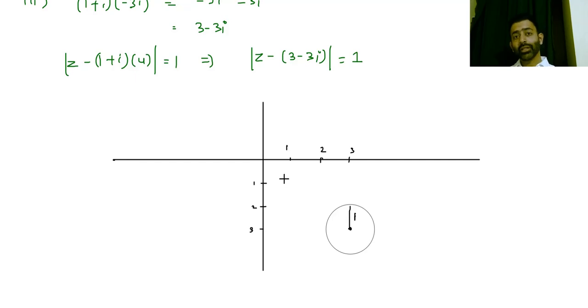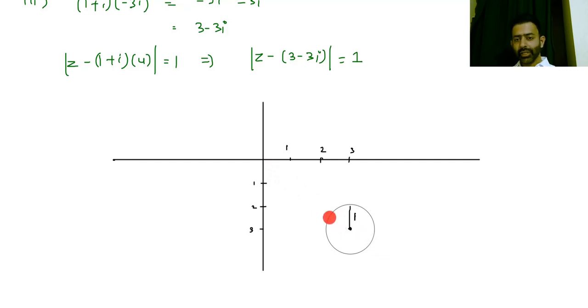Okay, and we have to find out the greatest distance. And we have already done these type of questions where you will find the least distance, which is lying along a line if you join from the origin towards this circle, which passes through the center of the circle.